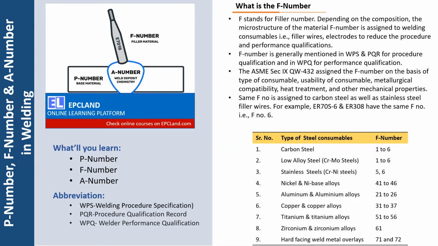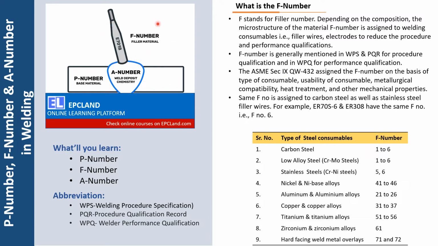Now let us try to understand what is F number. It stands for filler number. Again depending on the composition and its microstructure, the F number is assigned. ASME Section 9 is helping us to standardize these filler materials with the help of F numbers.